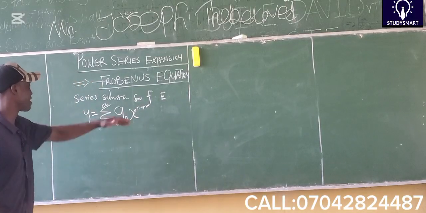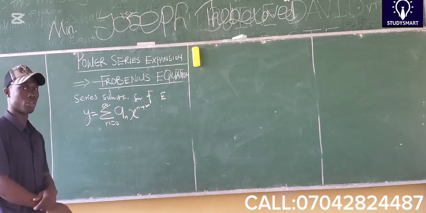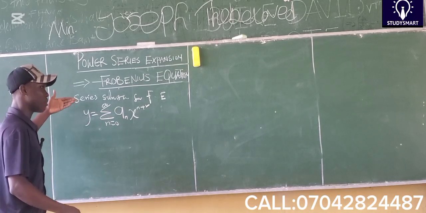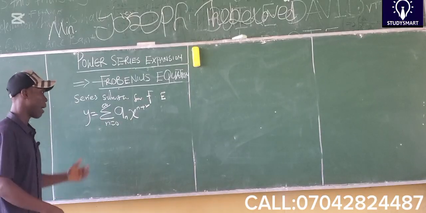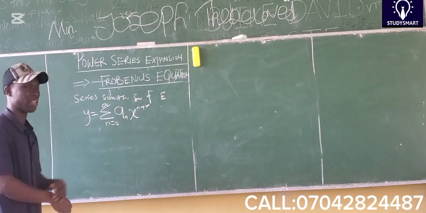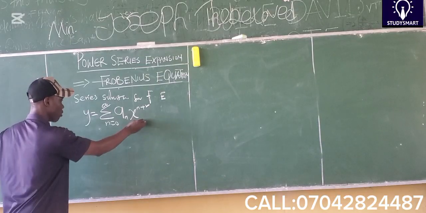So if you are given a differential equation to a certain power, it means that I'm going to differentiate this series solution to the highest degree given in that equation. You have to take note of this.